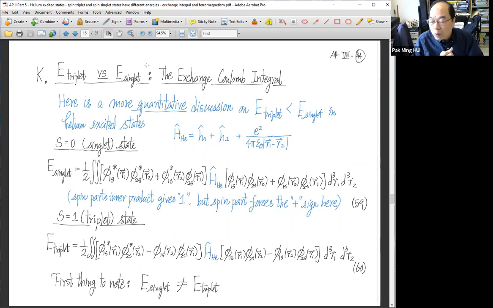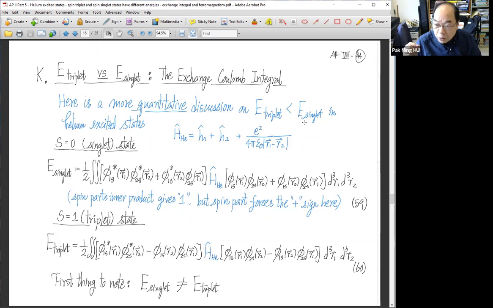So in this section, we will go quantitative instead of qualitative. We already know the answer. It is like this for the helium excited state. So let's do some calculation. But at the end, we are not going to work it out analytically.